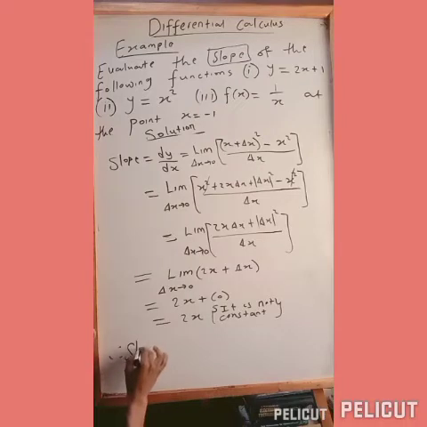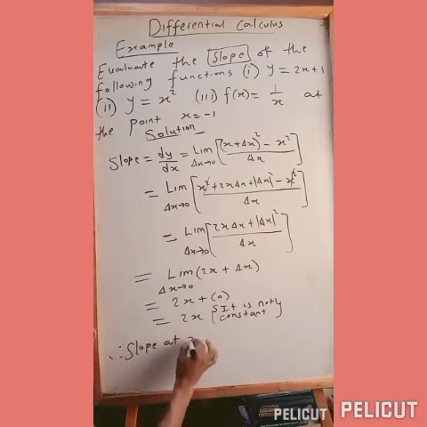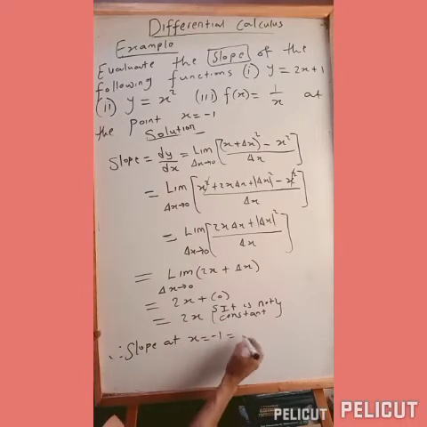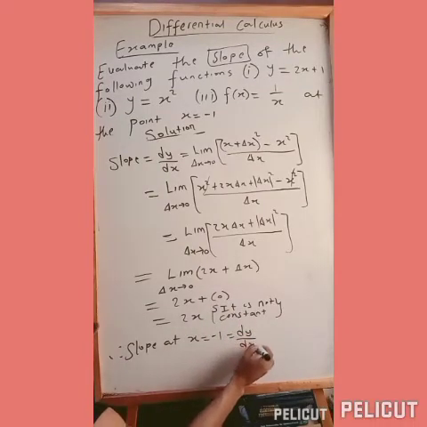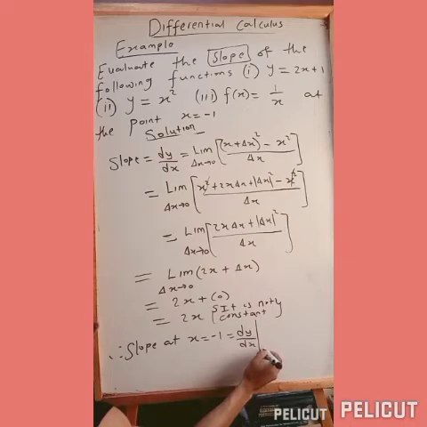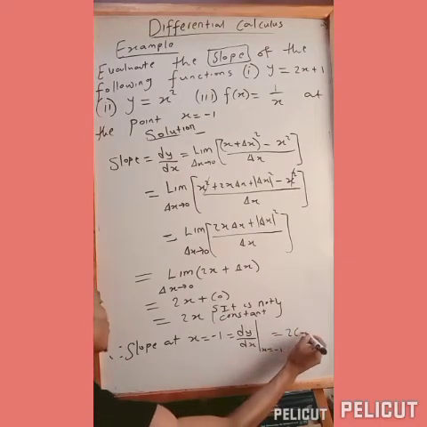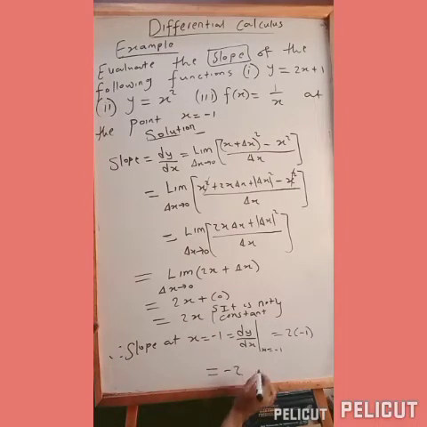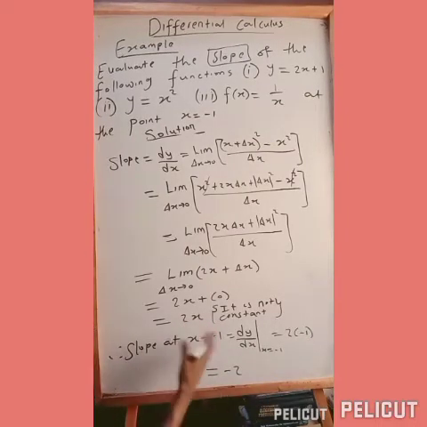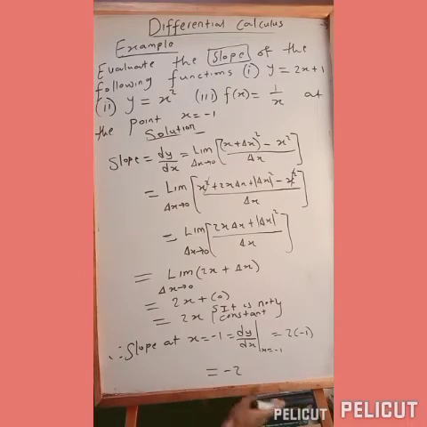The slope at x equals minus 1 is 2 times minus 1, which is minus 2. If you're evaluating it at another point, maybe 0, the slope will be 0. If you're evaluating it at maybe 3, that will be 6, and so on and so forth. And that is why the slope is not constant.